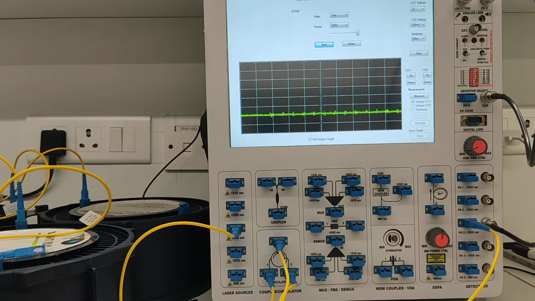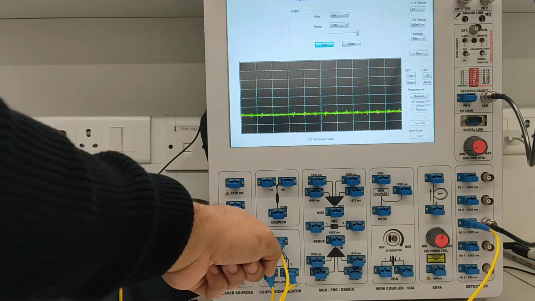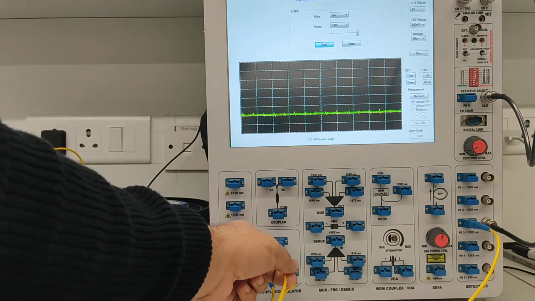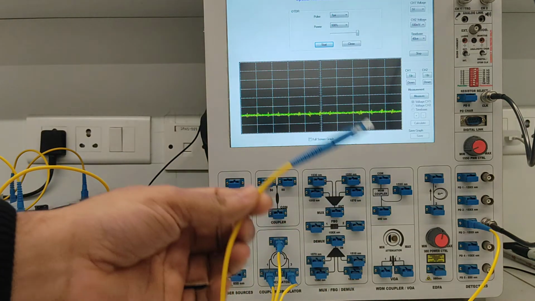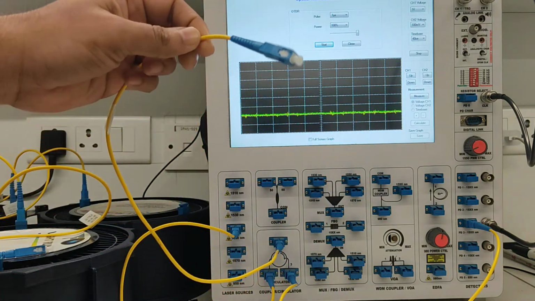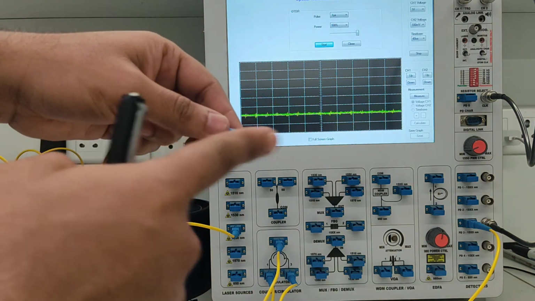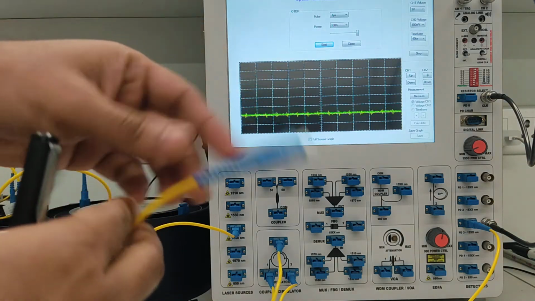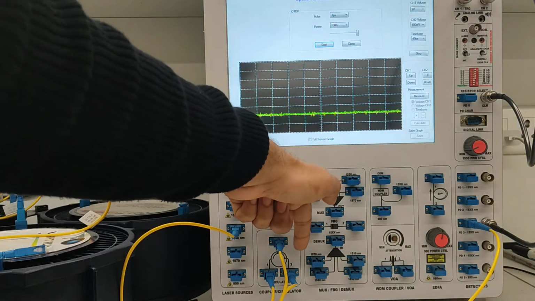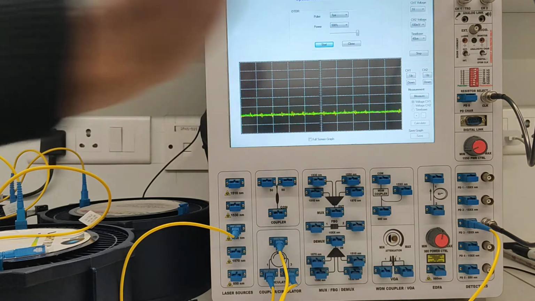So there will be an index contrast of 1.46 and 1, and as a result some part of the light will get reflected. The patch cord connected to the input port is actually left free, so it's just tapped. At this interface of 1.46 and 1, some part of the light will get reflected, and that reflected ray will go to port 3, and we'll try to measure that.